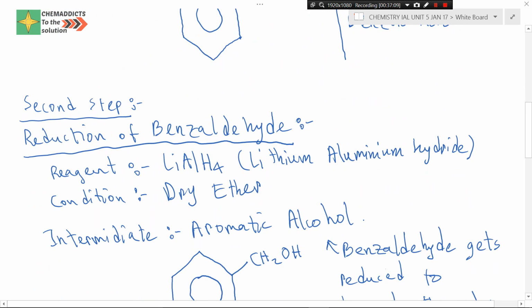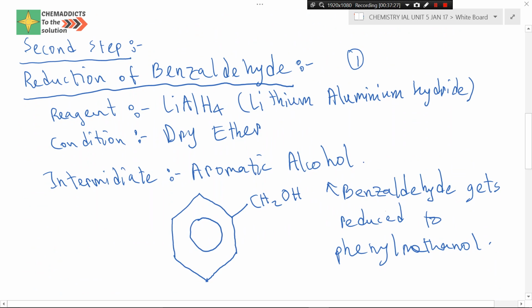In the second step, 1 mark for mentioning the reduction of benzaldehyde, that is the reagent, 1 mark for reagent condition, and 1 mark for the intermediate. We should include the structure for gaining this mark.